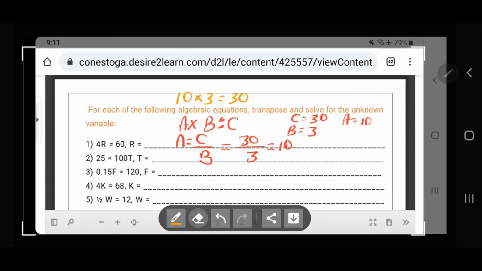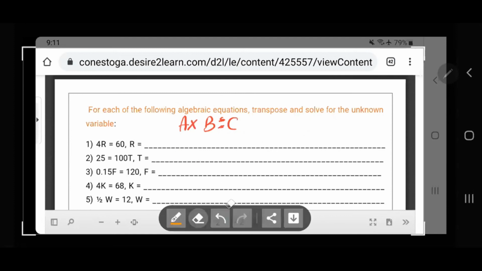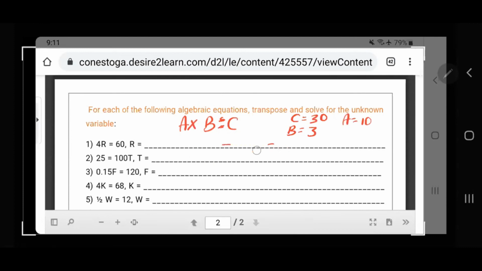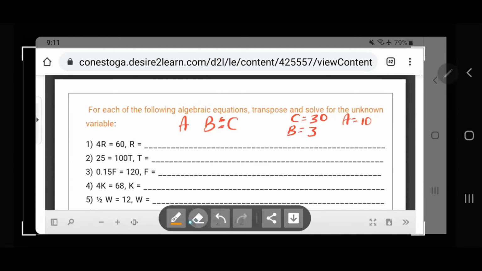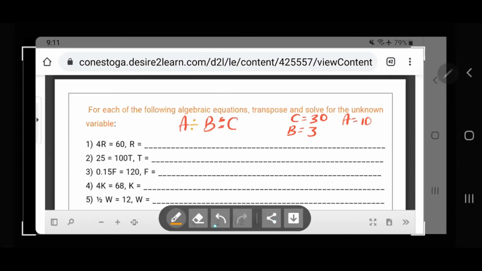Now, on the flip side, if we use division, let's say that instead of having the times, now we have division. I'm going to change these numbers here so they can make sense.